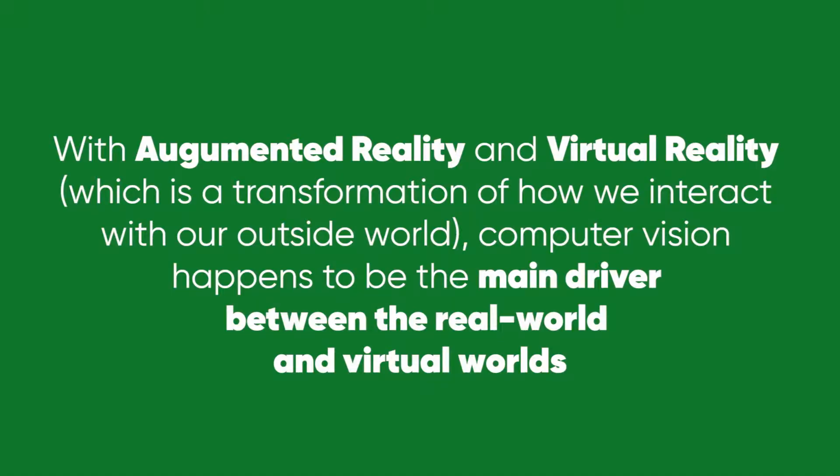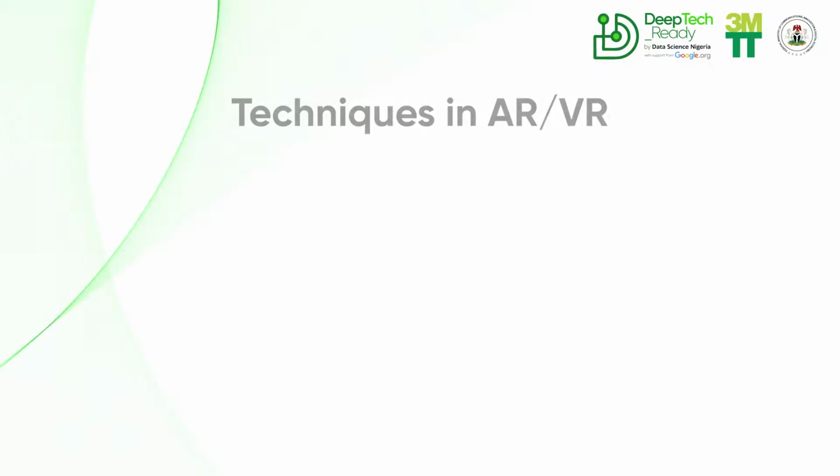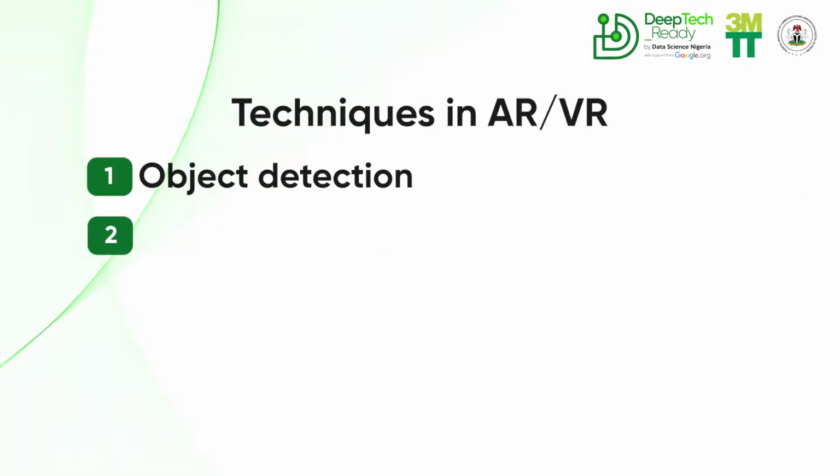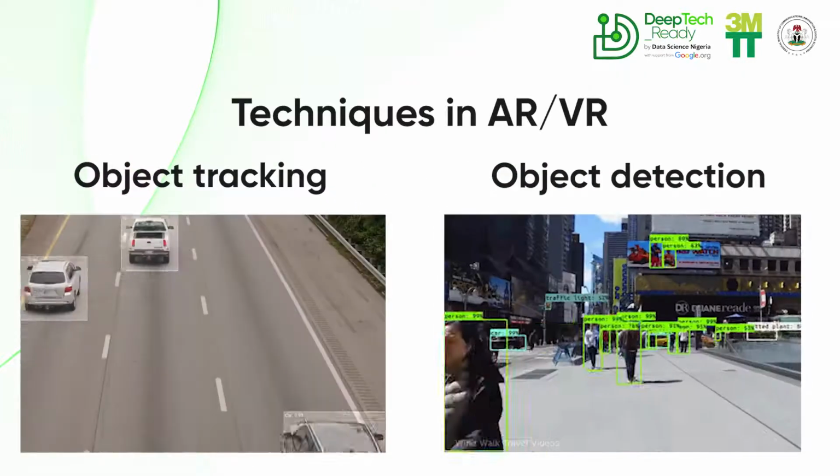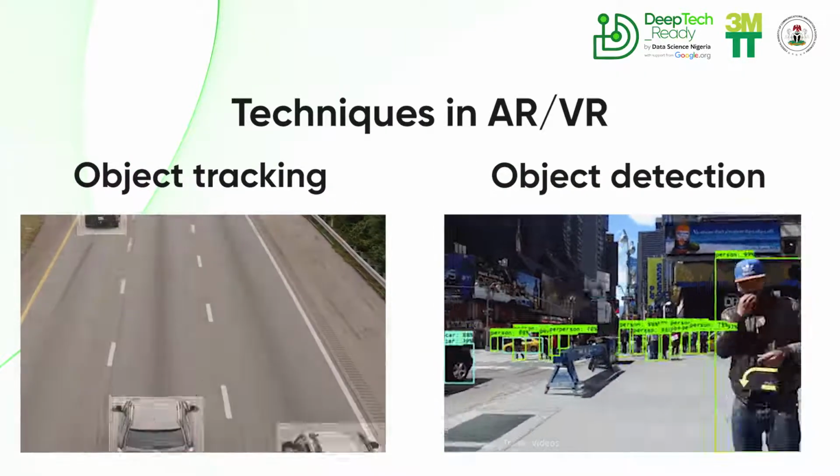And some of the techniques that are applied in such an area are object detection and object tracking. These are some of the major building blocks in computer vision that make that scope so prominent today.